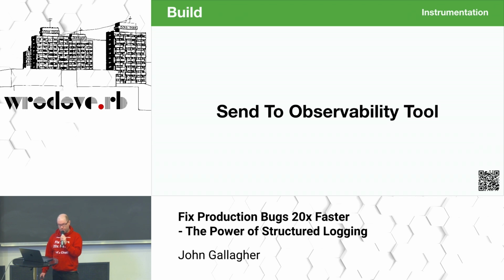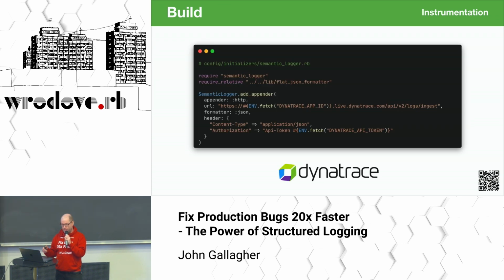And the final step of building is actually to send it. So we've logged all our stuff internally. Now it's time to send it to our observability tool. Semantic Logger here has you covered. This is one of my favorite features of Semantic Logger, this idea of appenders. So you can set up an appender here. I'm going to go off and work for Dynatrace, as mentioned before.